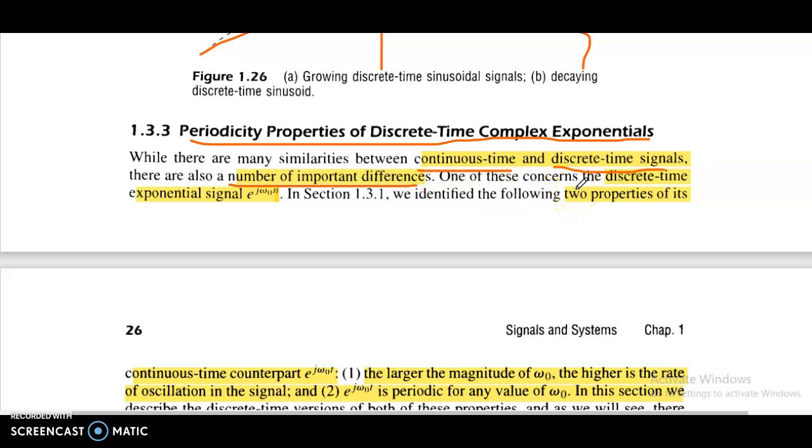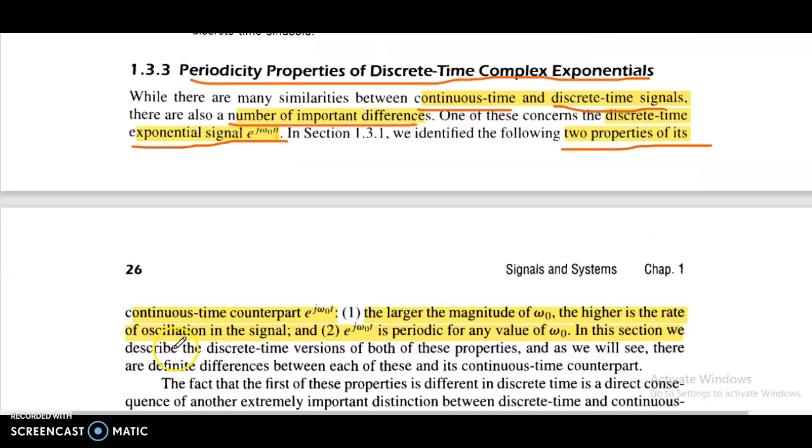One of these concerns the discrete time exponential e power j omega naught n. Consider the following two properties of its continuous time counterpart, e power j omega naught t. First one: the larger the magnitude of omega naught, the higher is the rate of oscillation in the signal.